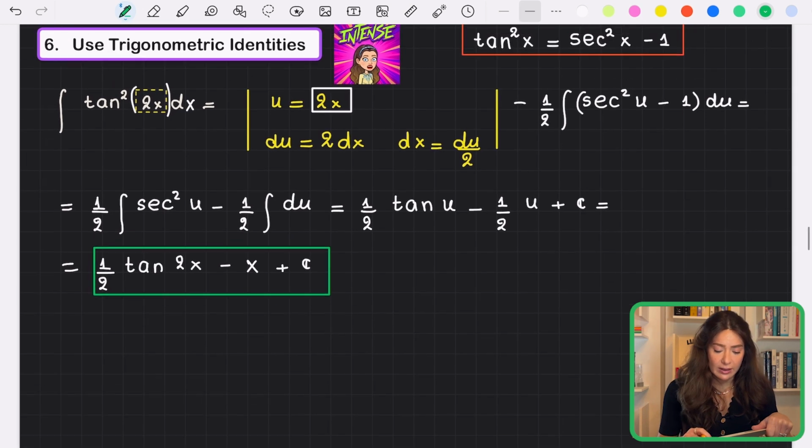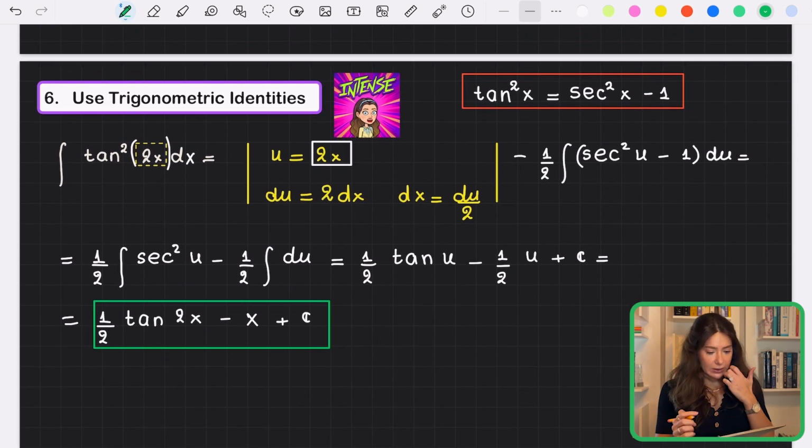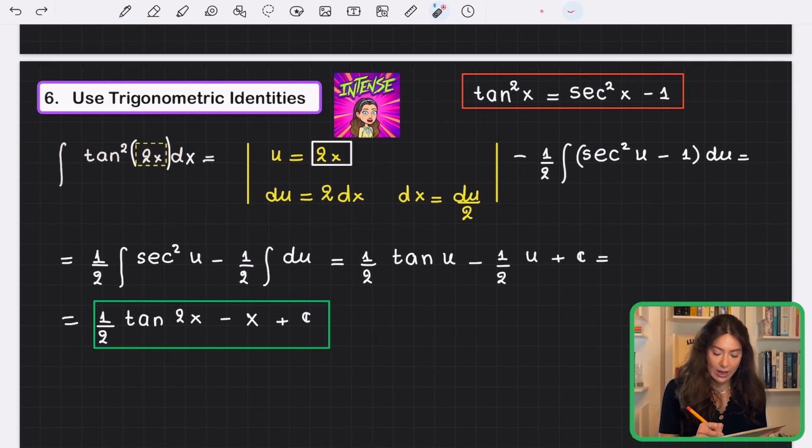There's another way to solve this. Actually, I just realized that when this 1/2 and 2x canceled, this 2 came from the fact that u equals 2x, right? If it was 5, there would be 5 here, and then it would be du over 5. And I would have 1/5 here, and then 5x.